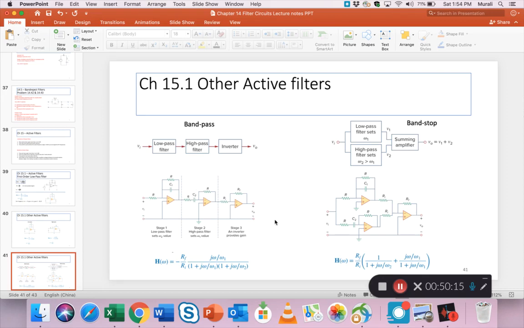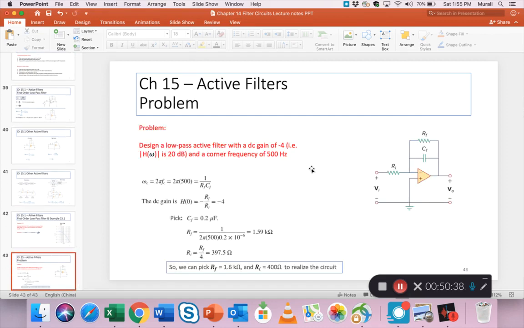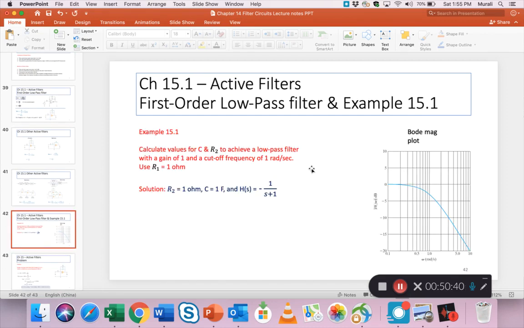You have to cascade them: you have a low pass section, a high pass section, an inverter section. Here you have a low pass section, high pass section, a summing section, and they all add together and give you your band stop or band pass, which we don't want to spend too much time on right now. I have one more example, which we'll look at when we do problems.